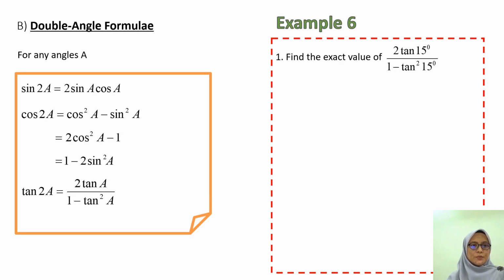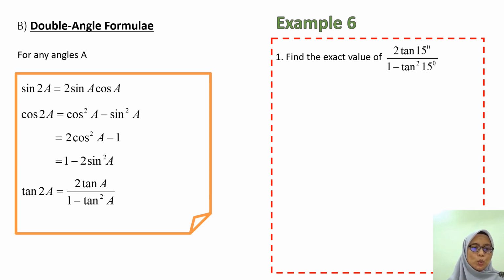Okay, so now we go to double angle formula. Okay, so sin 2A is equal to 2 sin A cos A. For cos 2A, you have three identities or three formulas. Cos squared A minus sin squared A. The second one is 2 cos squared A minus 1. The third one is 1 minus 2 sin squared A. So you can use either one lah, mana-mana yang awak rasa awak nak guna untuk cos 2A.